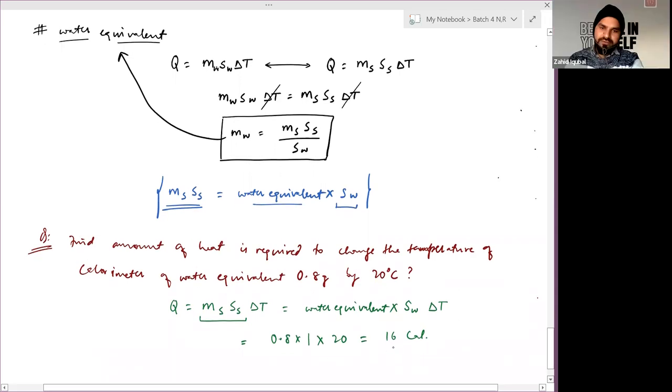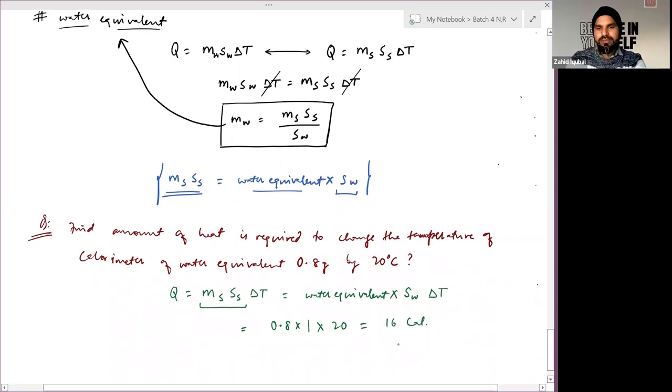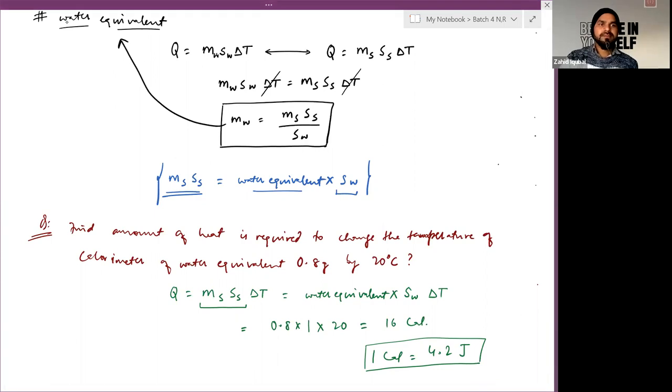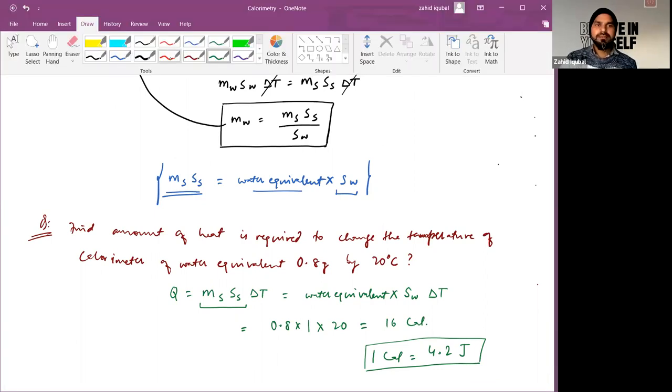Now, if you have to further convert this quantity in terms of joule, you may write 1 calorie equals 4.2 joule. Just multiply the above 16 calorie by 4.2 to convert into SI unit. Mazia, any doubt?